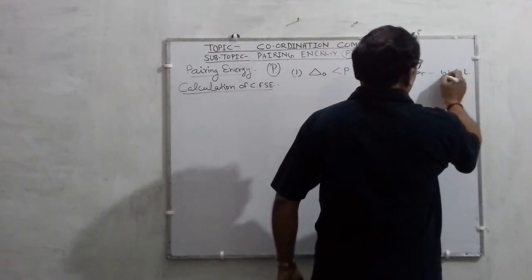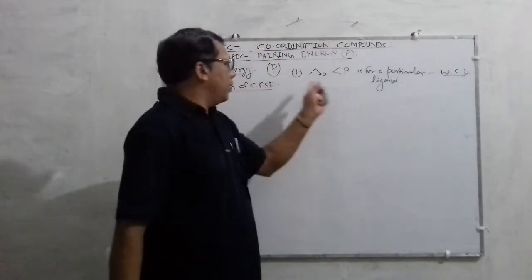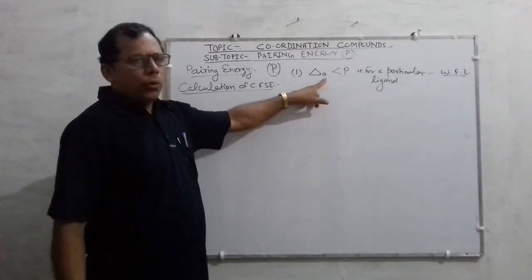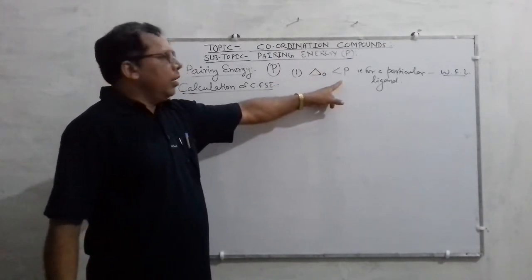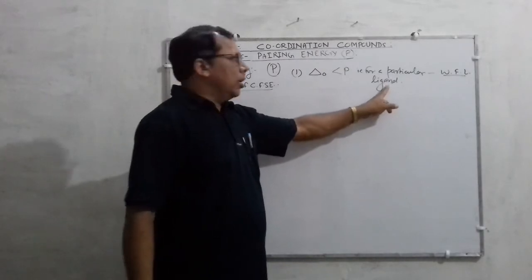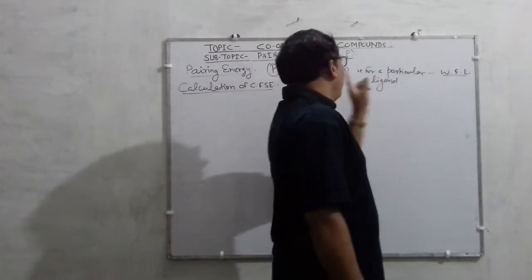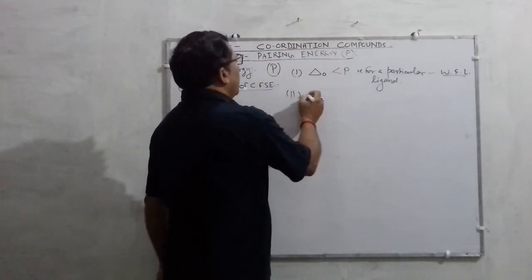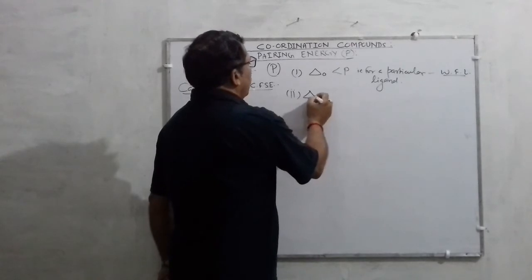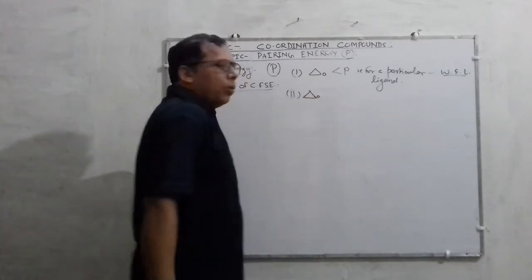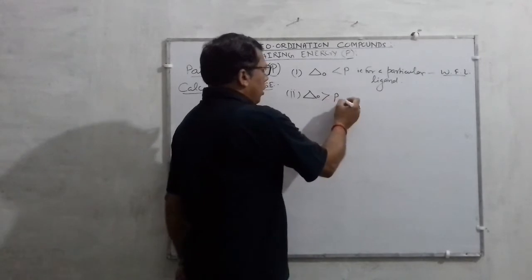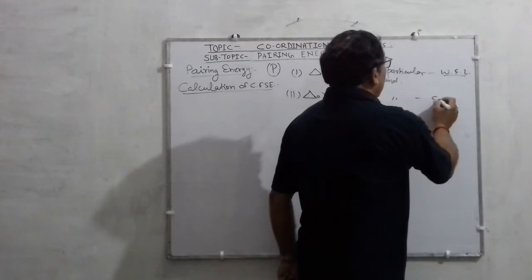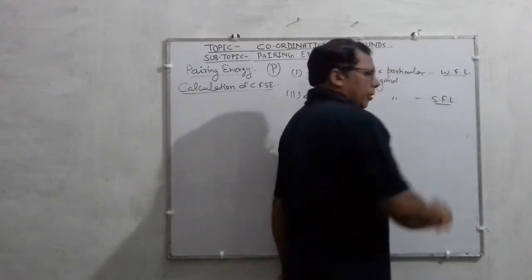Listen, first condition, if the value of del octahedral is less than P for a particular ligand, then it is called weak field ligand. And second condition, if the value of del octahedral is greater than P for a particular ligand, then it is called a strong field ligand.